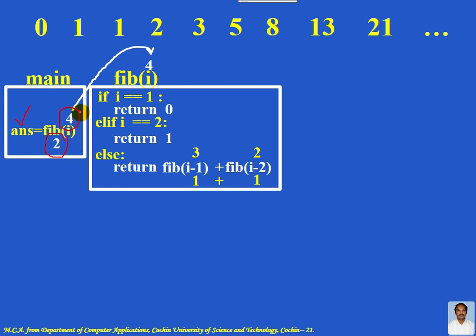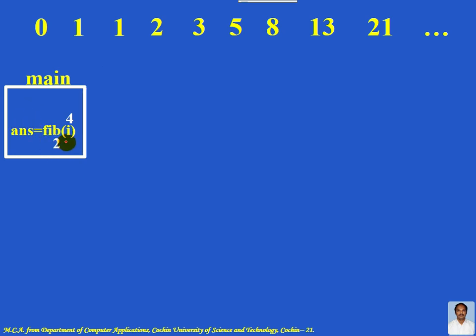You can see the fourth term of the Fibonacci series is 2. This is term 1, term 2, term 3. The fourth term is 2. So here you get the answer 2 that is stored in the answer variable ans. Okay, so this is how the function calculates term I, for example term 4, of the Fibonacci series.